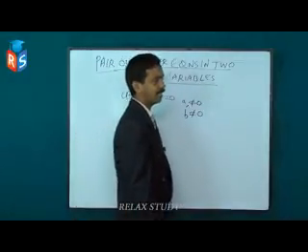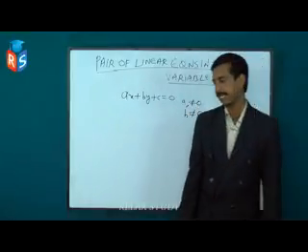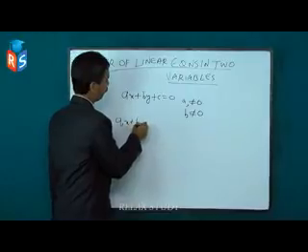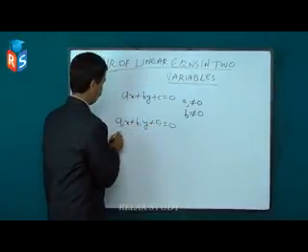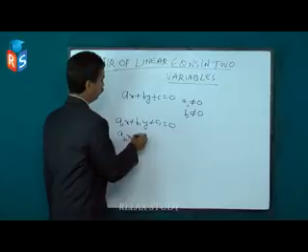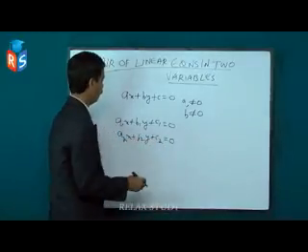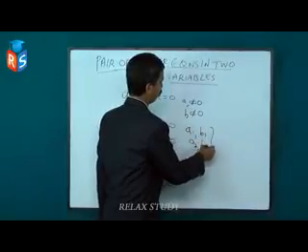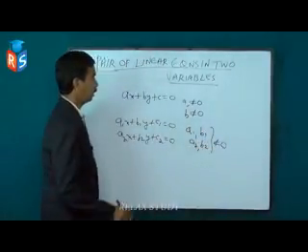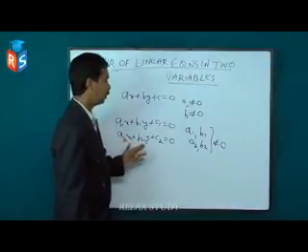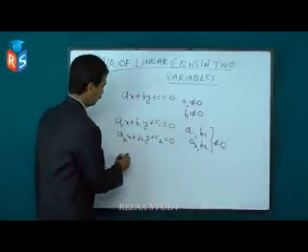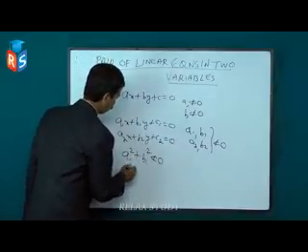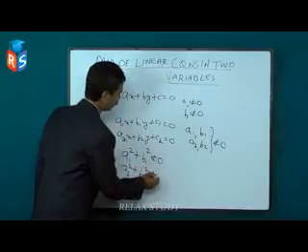Two linear equations which are in the same two variables can be represented as a1x plus b1y plus c1 equals 0, a2x plus b2y plus c2 equals 0, where a1, b1, a2, b2 are real numbers, and a1 square plus b1 square not equal to 0, a2 square plus b2 square not equal to 0.